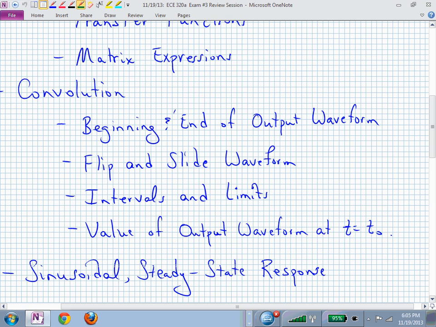With respect to convolution, and we may go through some examples with this, I want you to be able to determine when you're going to start seeing some non-zero value at the output, when you will finally not see any more signal in the output. So what are your beginning and ending time intervals for the output that you can expect a non-zero output?